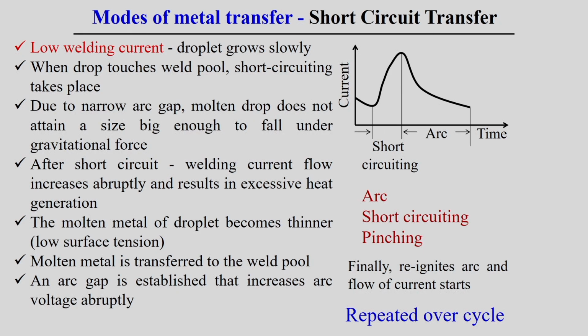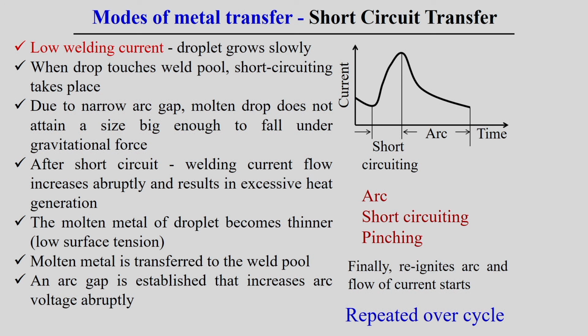Once the short circuit happens, the welding current flow increases abruptly, because at that time the voltage drop can be very low. When the current flow becomes very high, excessive heat generation will always be there.